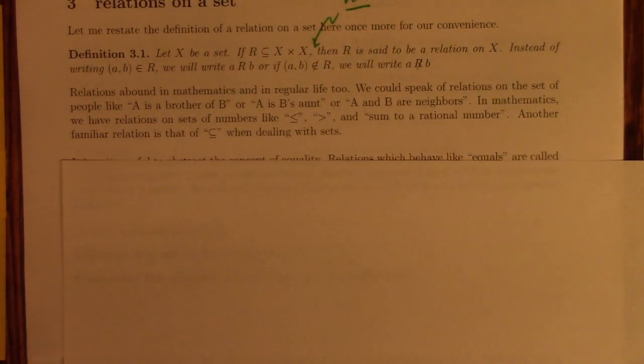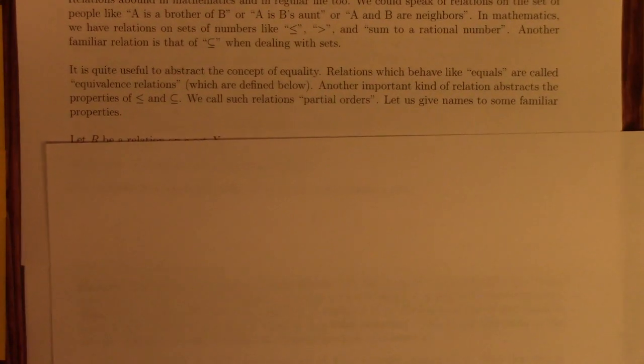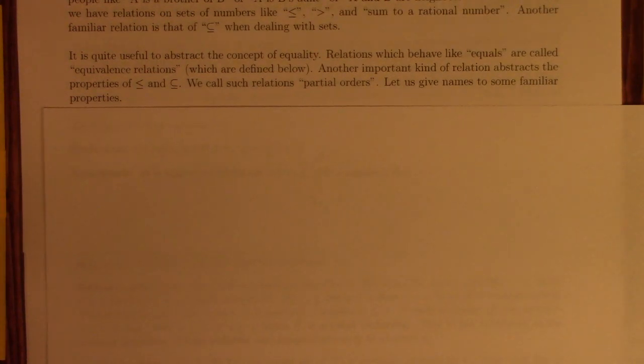Even subset of a set can be viewed as a relation. So let's see here. He said it is quite useful to abstract the concept of equality. Relations which behave like equals are called equivalence relations. We'll define those soon. And relations which behave like less than or equal to or subset are called partial orders.